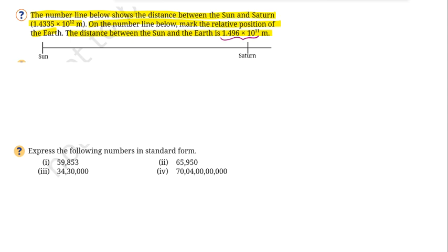So अगर आप कंपेयर करोगे तो सन और सैटर्न के बीच का डिस्टेंस गिवन है हमें 1.4335 into 10 to the power of 12. Now this figure 10 to the power of 12 and this figure 10 to the power of 11. That means the earth is much closer to the Sun, right?